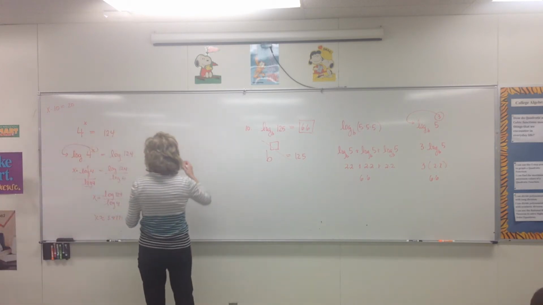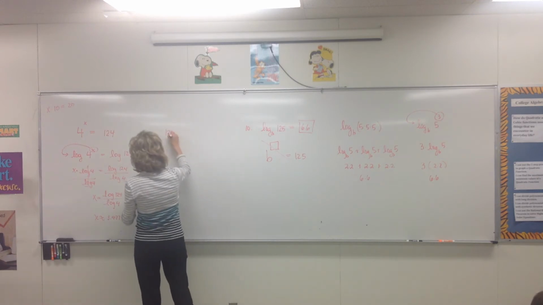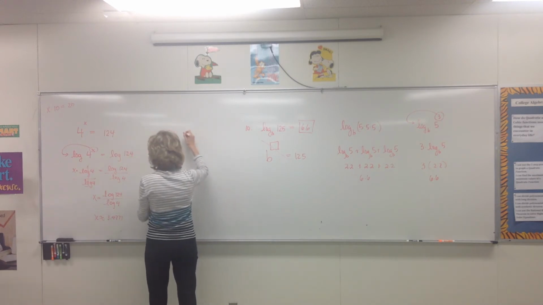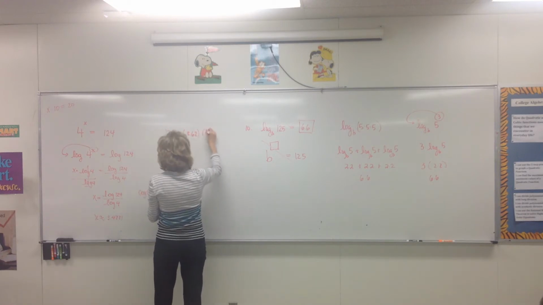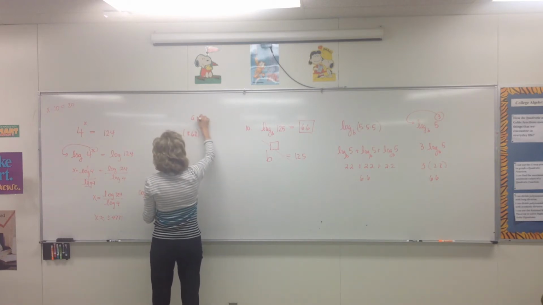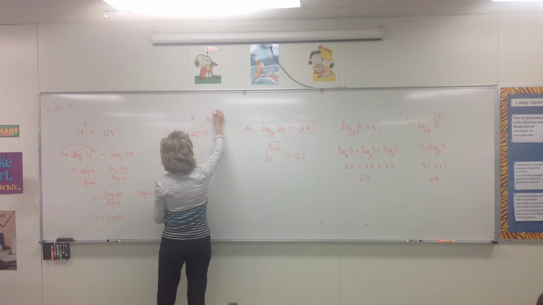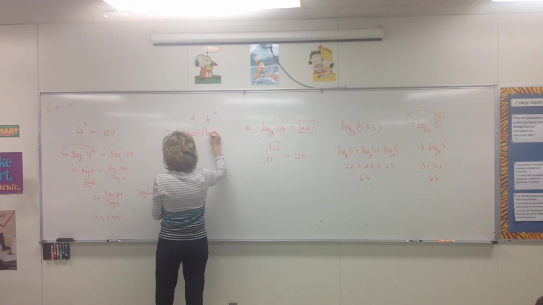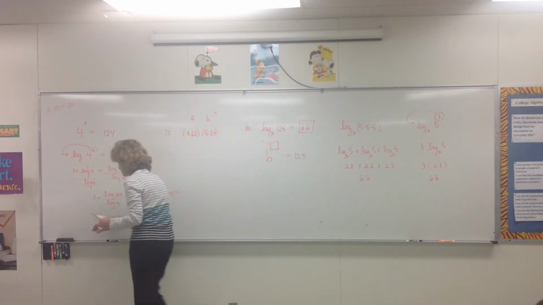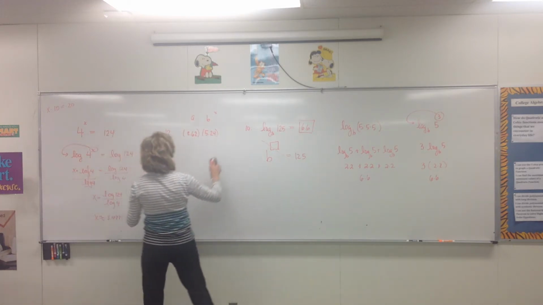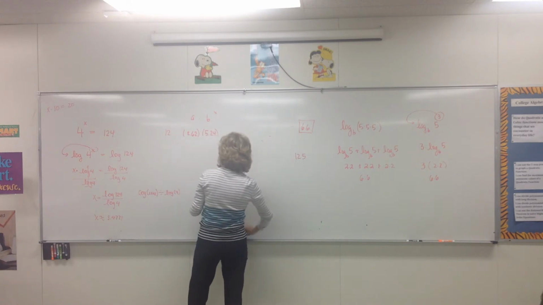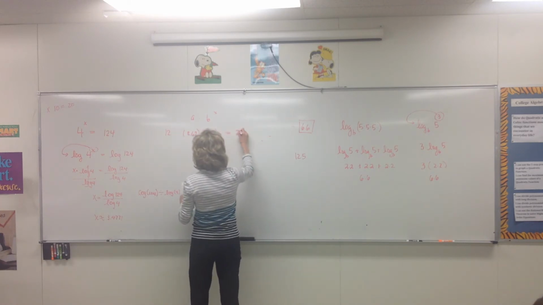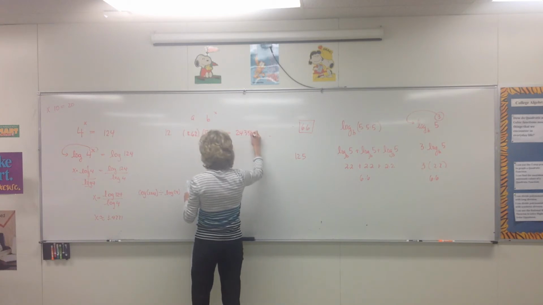On number 12, this equation does not have any logs in it. It's an exponential equation. It's in the form a multiplier times b base raised to the power of x. So 8.62 times 5.24 to the x equals 2435.3. Tell me what your instincts tell you to do first. Divide by 8.62. That would be good.